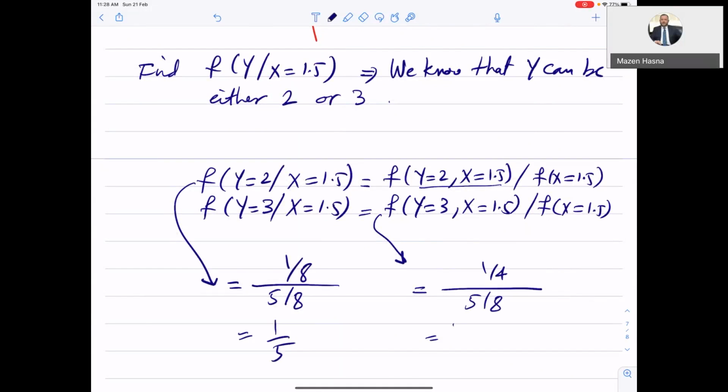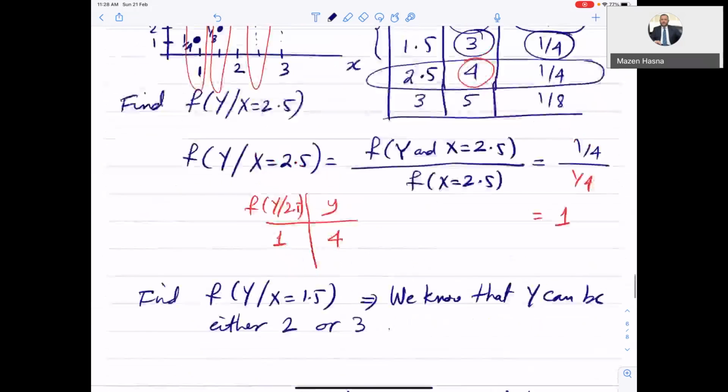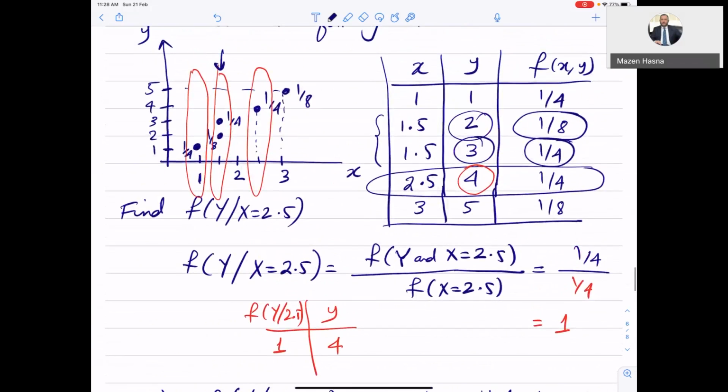I have something wrong. What's f of x equals 1.5? It's 1/4 plus 1/8. 1/4 plus 1/8 is 3 over 8, not 5 over 8.